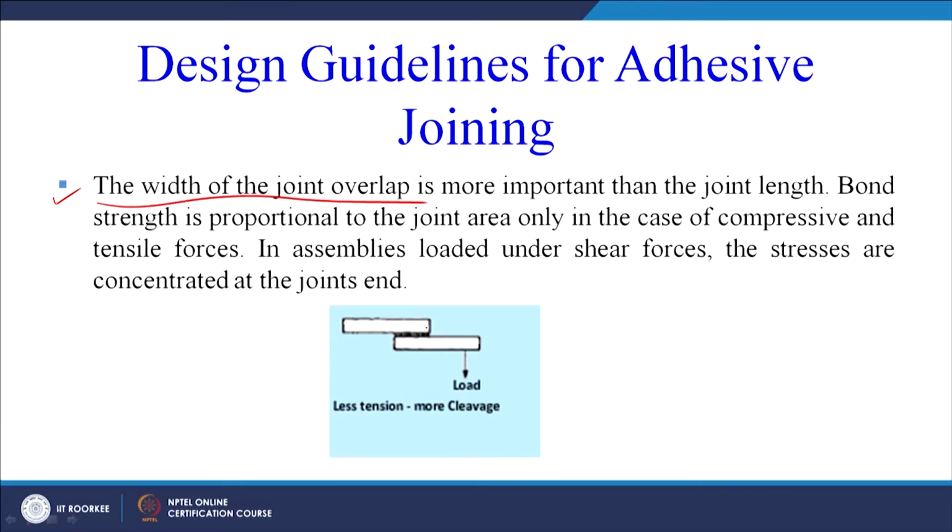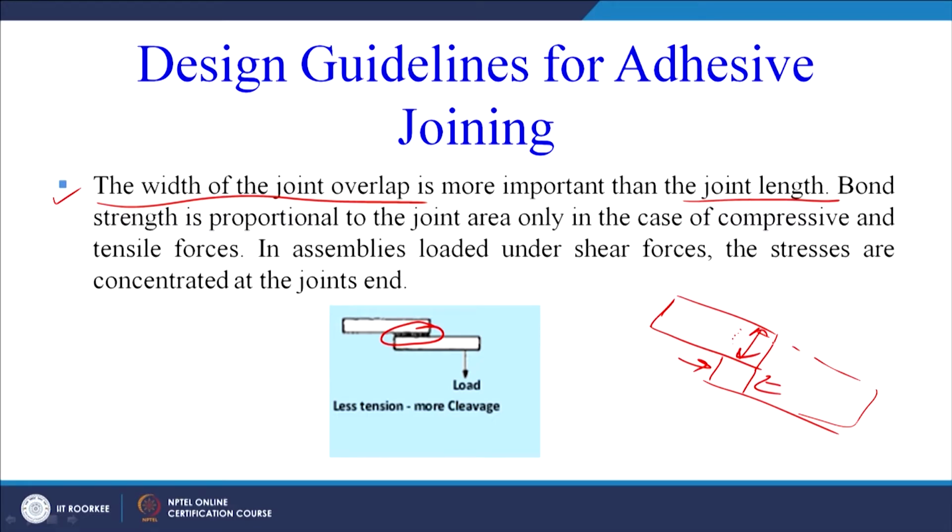Now this is the joint overlap area. The width of the joint overlap is more important than the joint length. So the joint will have two important parameters. If we make a joint like this, this is the length of the joint and this can be the width of the joint.